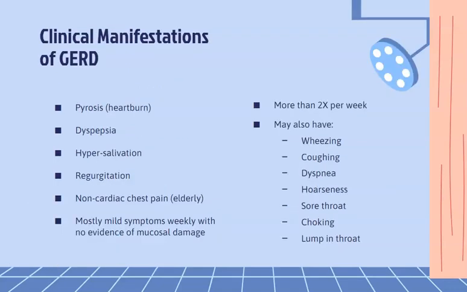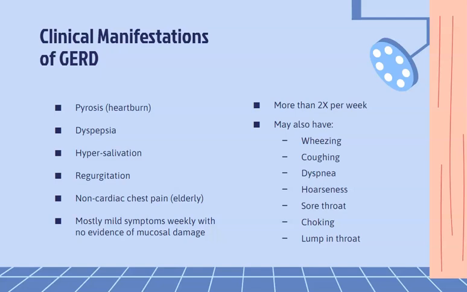Looking at clinical manifestations of GERD, one of the biggest complaints that a client is going to have is heartburn or pyrosis. Other one is going to be dyspepsia. They'll have some hypersalivation. Regurgitation is common. When we talk about non-cardiac chest pain, these are especially going to be found in our elderly clients, or maybe 40s, 50s, 60-year-old clients.